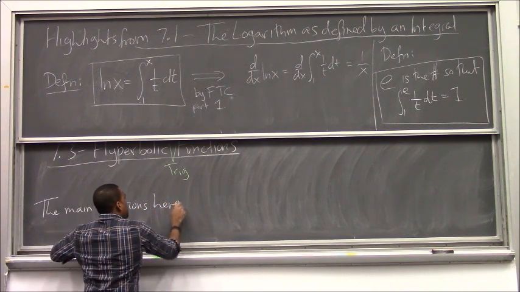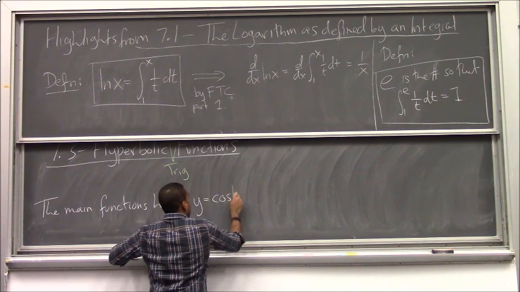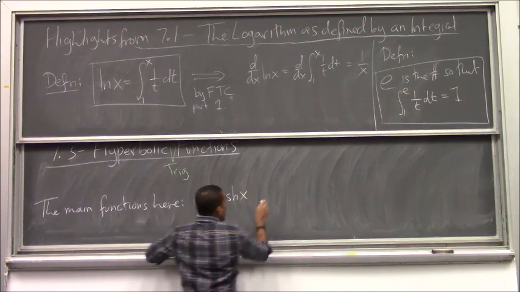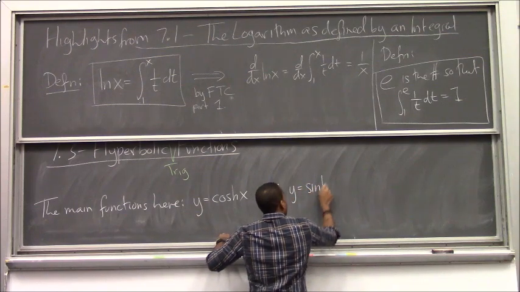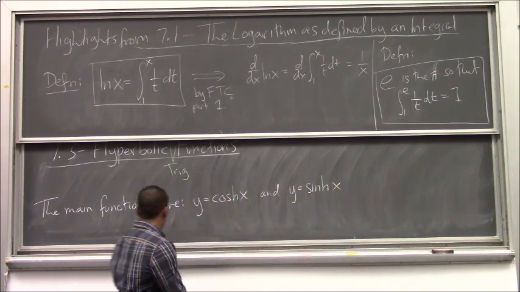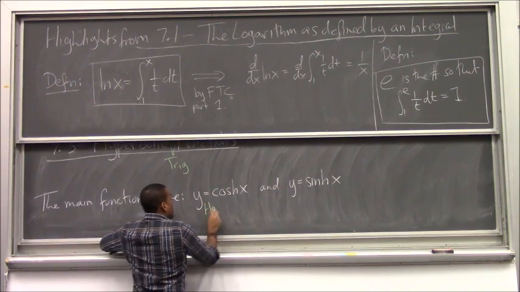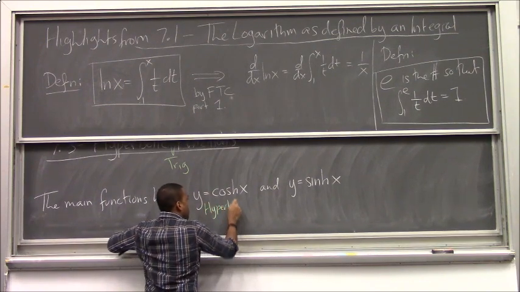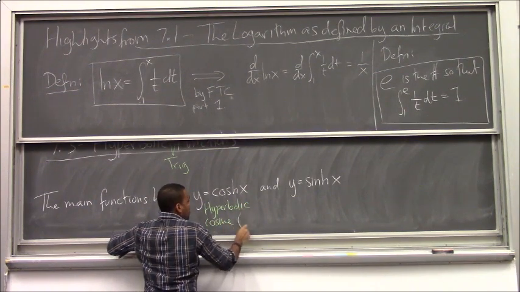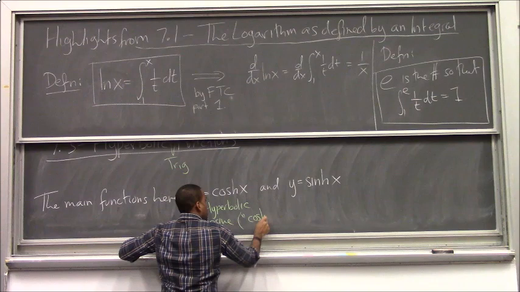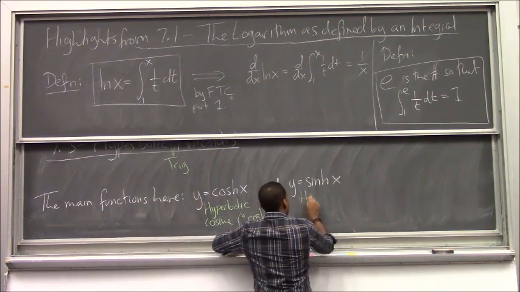the main functions here are the functions that we call cosh function and the function that we call sinh function. This is called a hyperbolic cosine. We read it as cosh. And this is the hyperbolic sine.